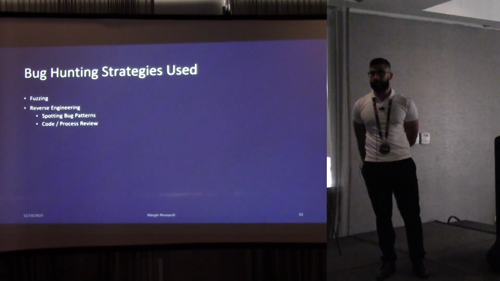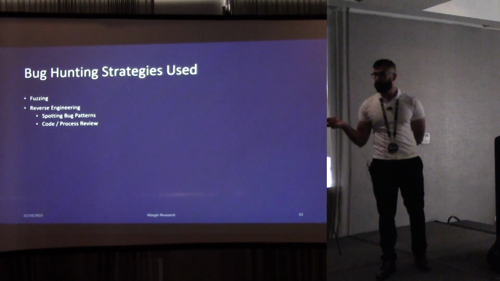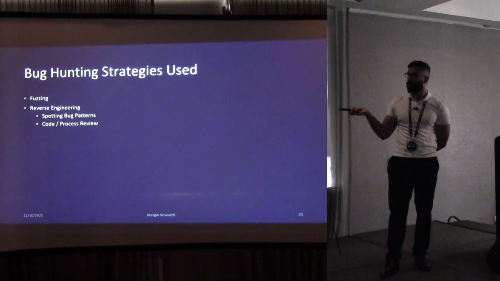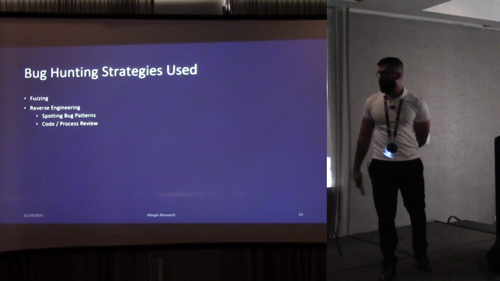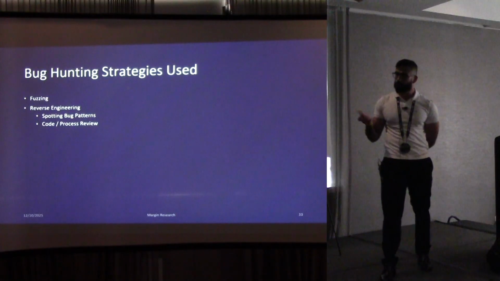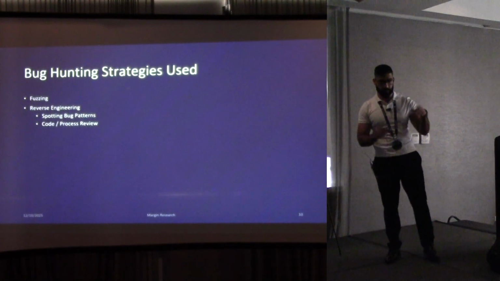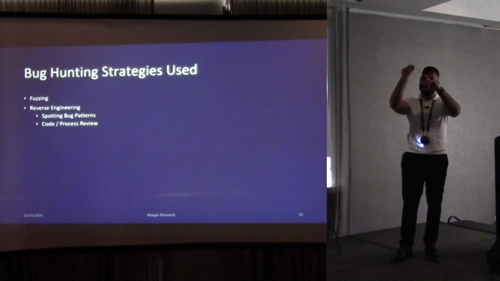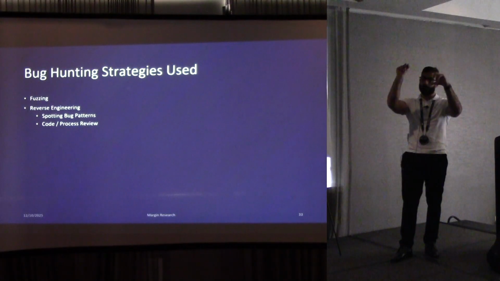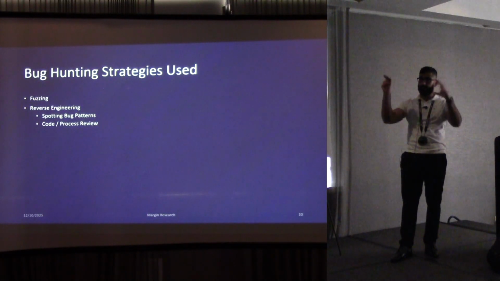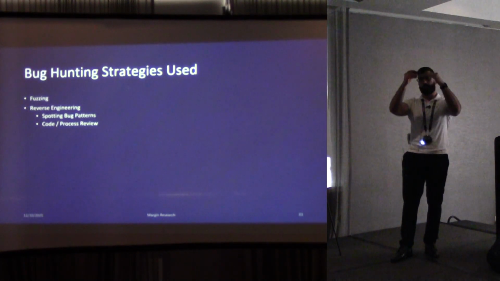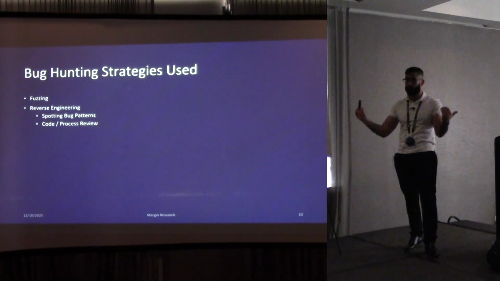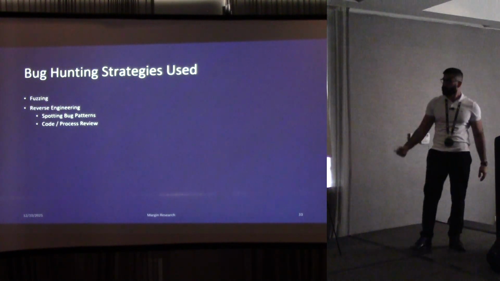I would look for interesting bugs from there, and I would try to find variants. And finally, there's code and process review. This is basically taking individual calls, going from the beginning of the interesting function, let's say it's create placeholders, and going all the way to the end and just reviewing an actual process.